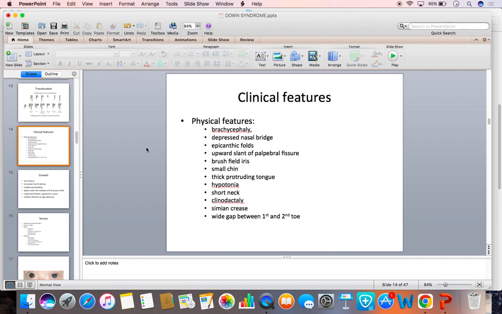Out of all the features, what is the most important diagnostic feature in Down syndrome? Anybody? Guess. This is the upward slant of the palpebral fissure, the important feature for diagnosis of Down syndrome.